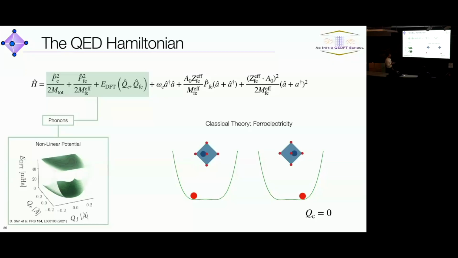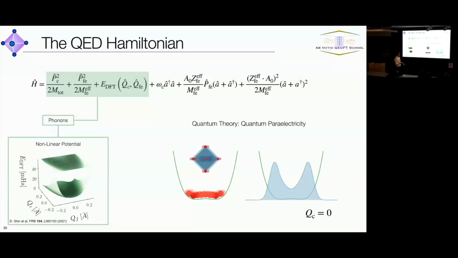But because this well is so shallow, if you include the quantum fluctuations of these two phonons, you just solve this by considering these two degrees of freedom as bosons. And the exercise is actually exactly solving a bosonic system inside a double well. Okay? If you do that, it turns out that the system still wants to be delocalized.